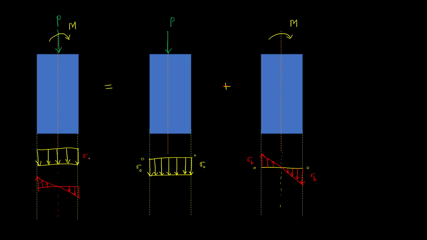So this is sigma 0, this is sigma b, this is sigma 0 and this is also sigma b.